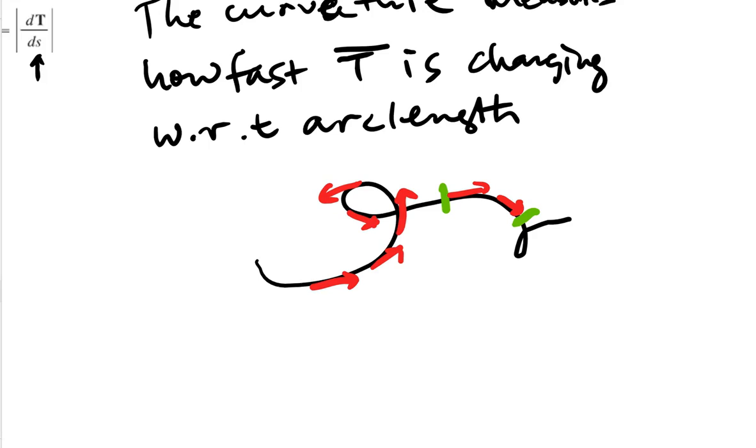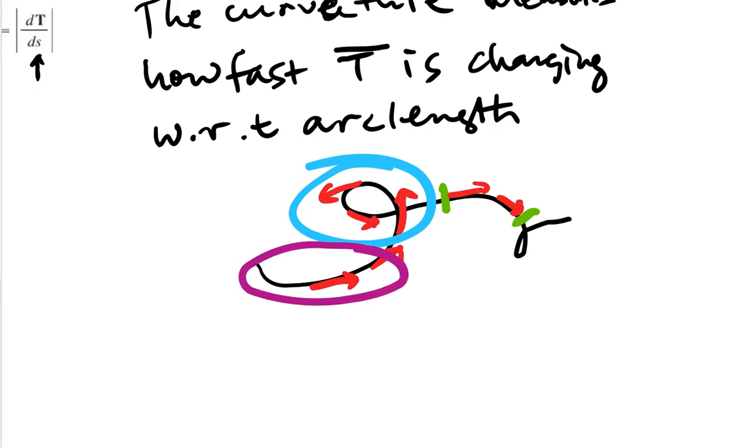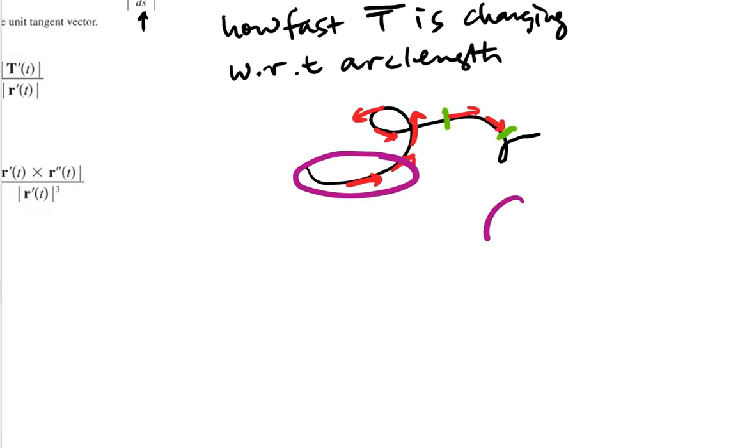So in this spot right here, they're changing very quickly, so the curvature would be high. And for example, this spot right here, they're not changing much at all, so the curvature would be smaller. So if you have something that's circular, the curvature K is going to be bigger, so let's call this number 1.